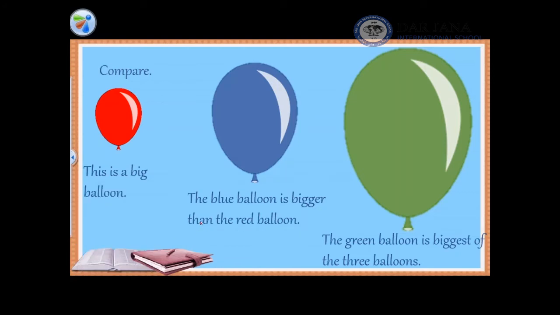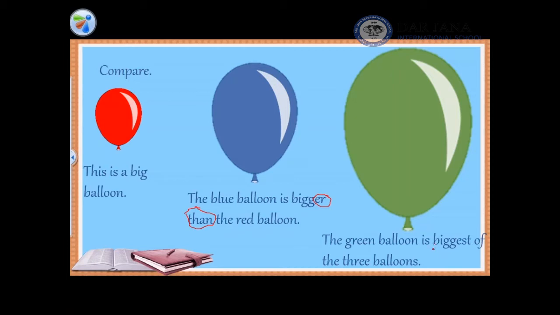The word than helps me to figure out that I am comparing between two objects. Therefore, I add ER to the adjective to show the comparison.